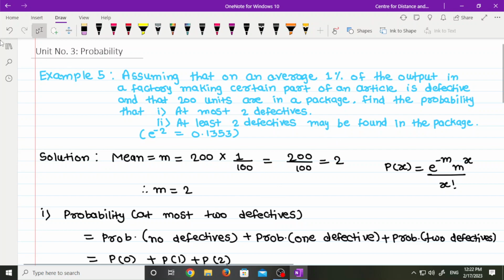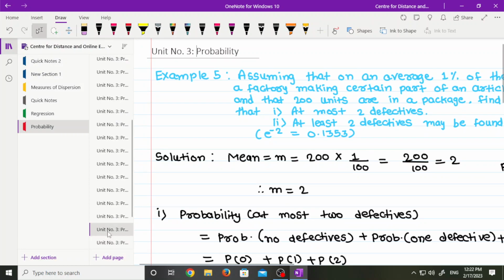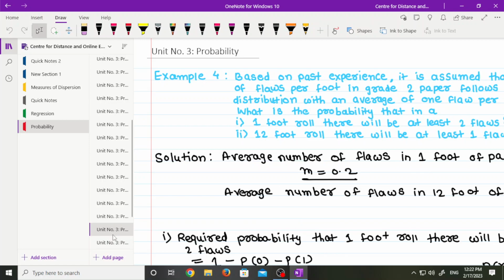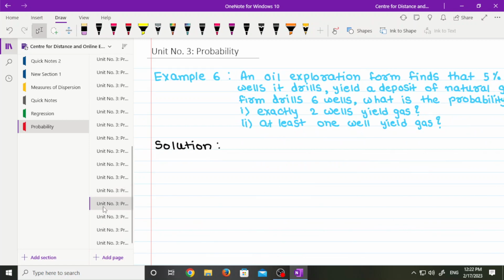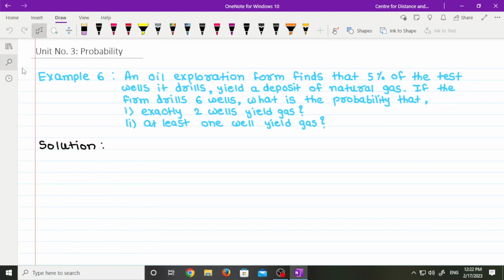Okay? Now, we will see the next example, example number 6. An oil exploration firm finds that 5% of the test wells it drills yield a deposit of natural gas.